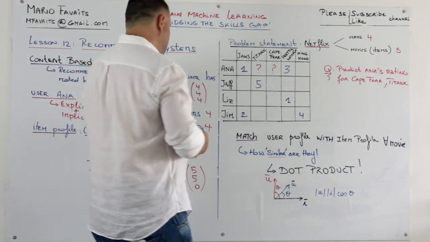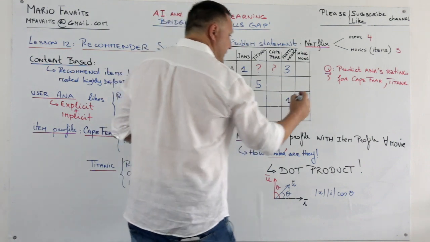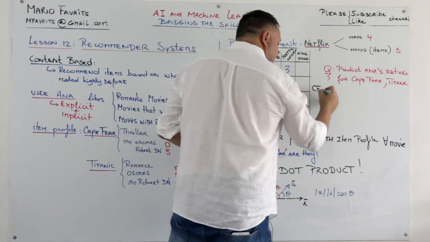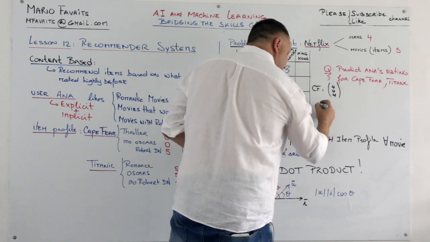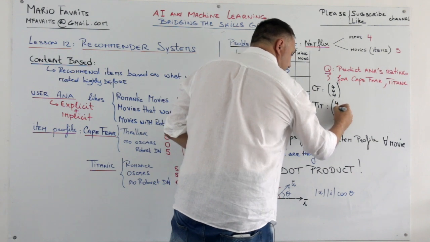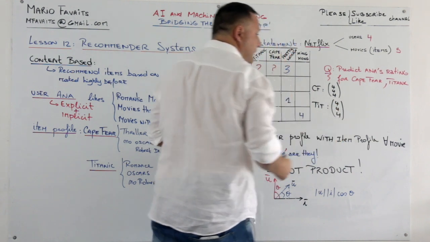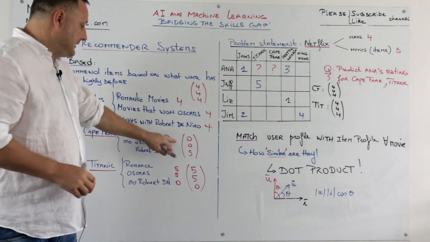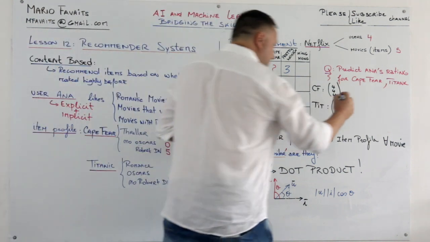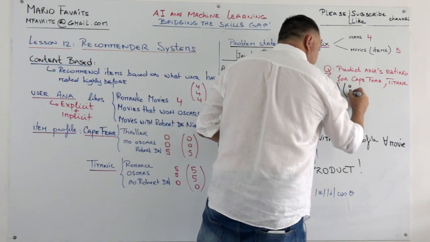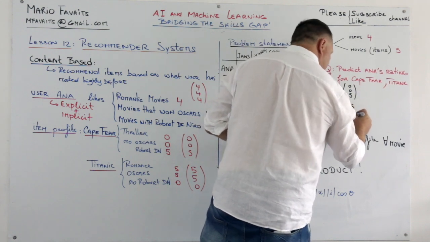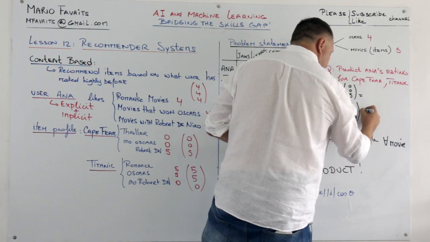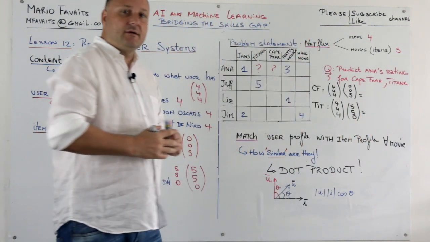So let's see what the calculation is for Cape Fear and Titanic. We have our user profile, which is 4, 4, 4, and we have the same vector for Titanic. Now we need to take the dot product of this with the movie vectors, so 0, 0, 5 and 5, 5, 0. How do you calculate the dot product?